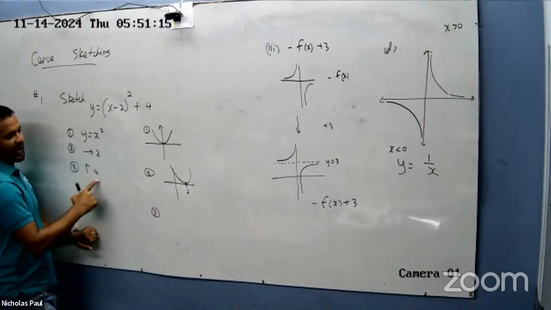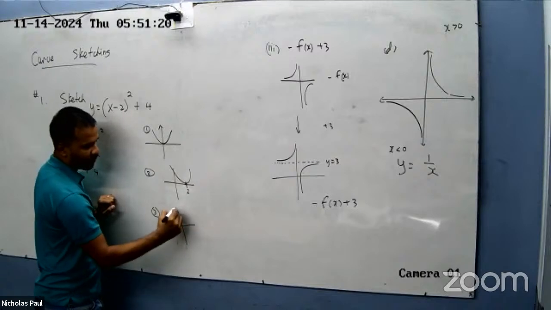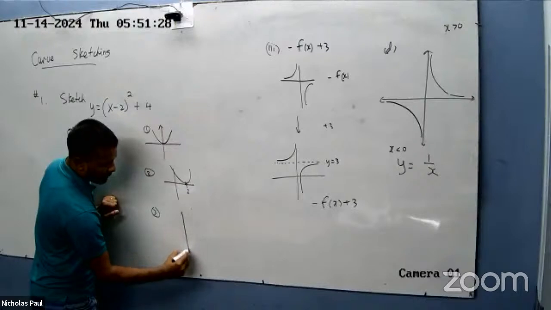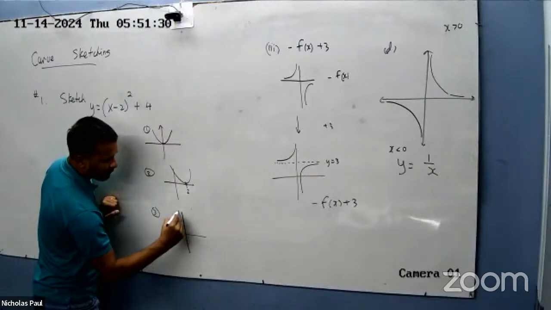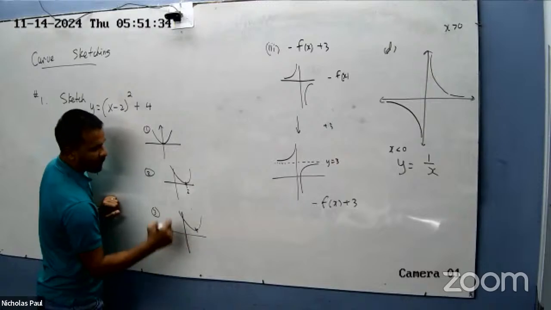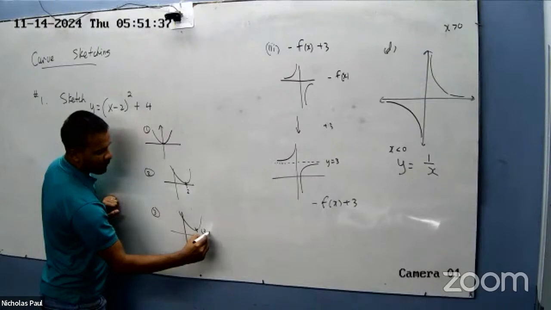Step 3, I'm going to move it upwards 4. So it'll be right here. I'm moving it upwards 4. So the x value is 2 and the y value is 4.